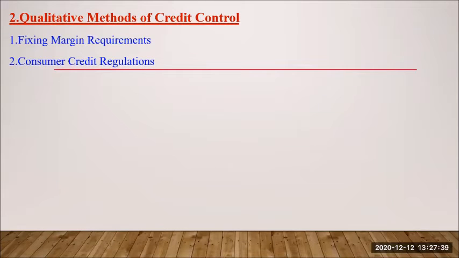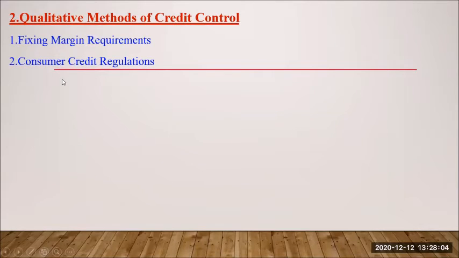So it can be helpful in checking inflation in a country. Whenever inflation is there in the economy, at that time the credit amount will be reduced and short-term credits will be given to the priority sectors.